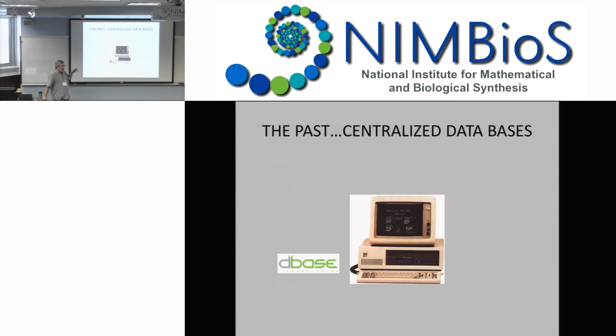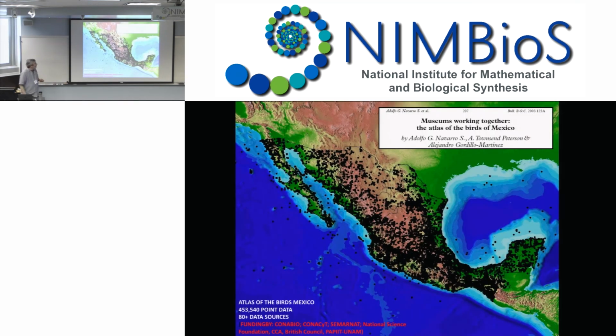For a long time, for a lot of my career, things circled around assembling and centralizing databases. So for example, in 1990, two colleagues and I started this project called the Atlas of the Birds of Mexico. It's now been kind of embarrassingly eclipsed by about fourfold more observational data than exists specimens.